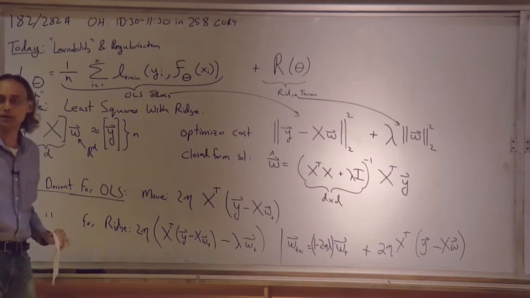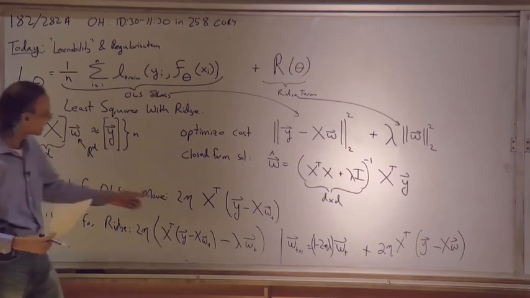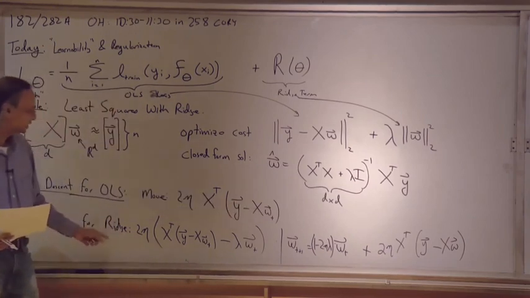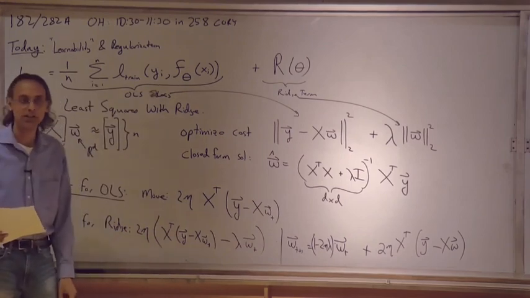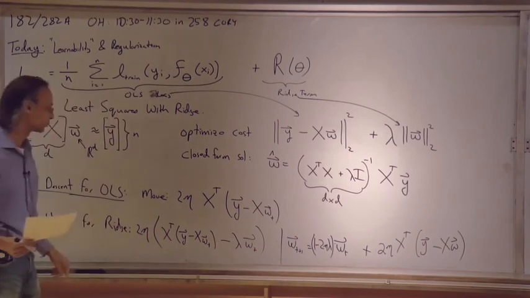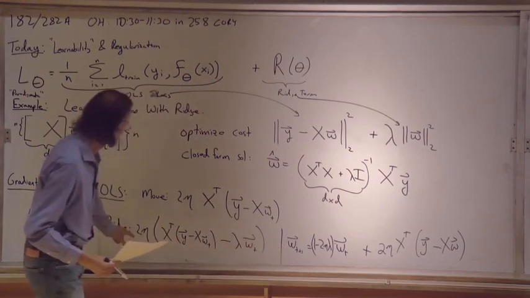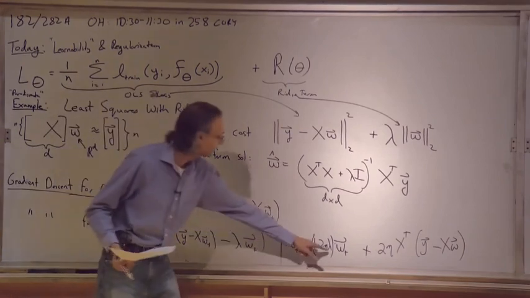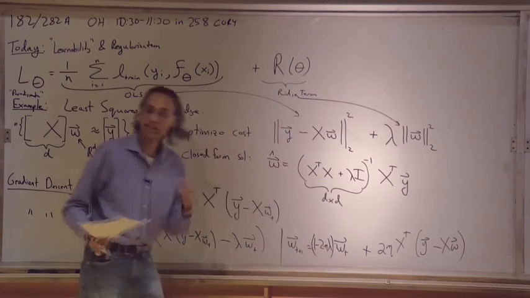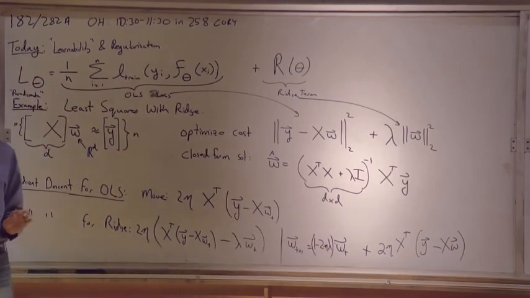So this is the negative gradient. If you look at the negative gradient for ridge, you have a minus lambda w. When you combine that with the full iteration, you get a 2 eta lambda, because I didn't have the 1/2. And instead of just having the Wt from last time, you have 1 minus 2 eta lambda.